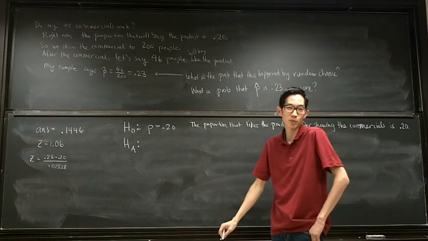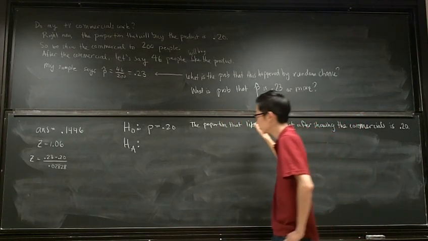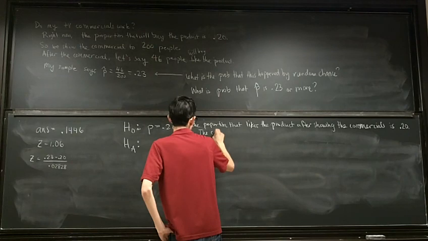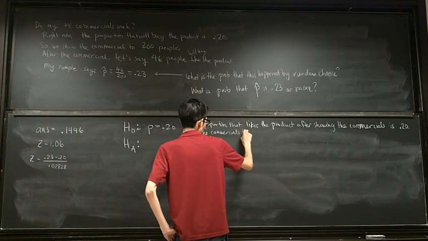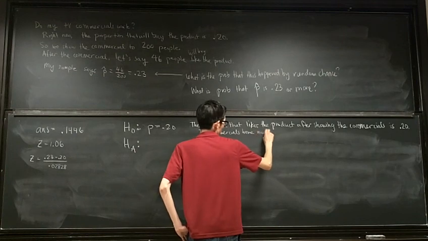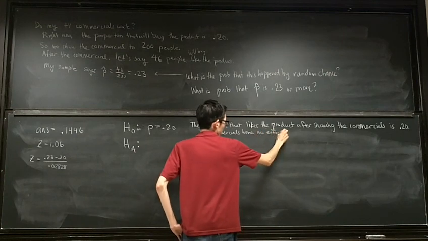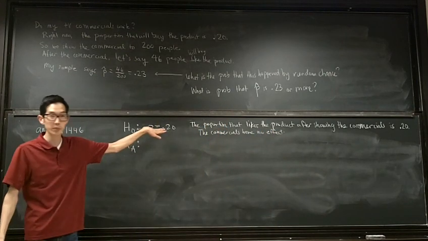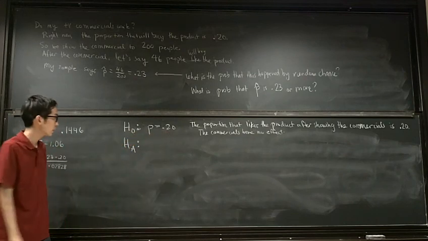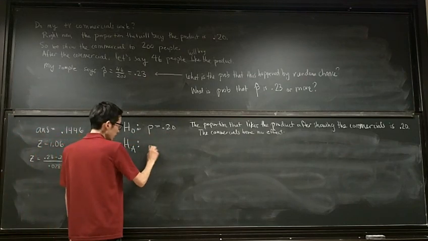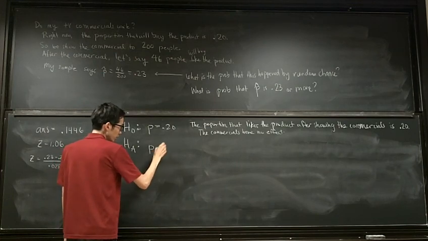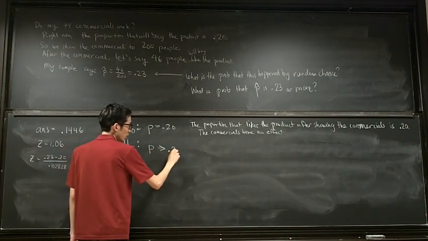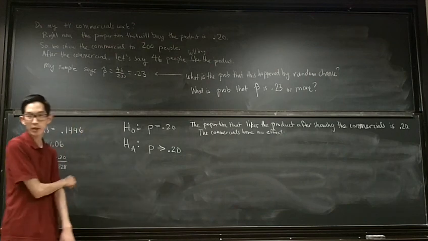It didn't damage my reputation, but it didn't boost it either. That's basically what this null hypothesis is saying. And the alternative hypothesis is that my commercials make more people want to buy my product.